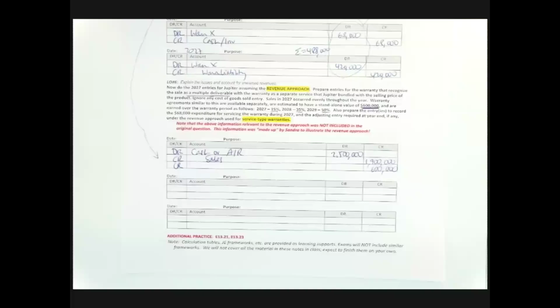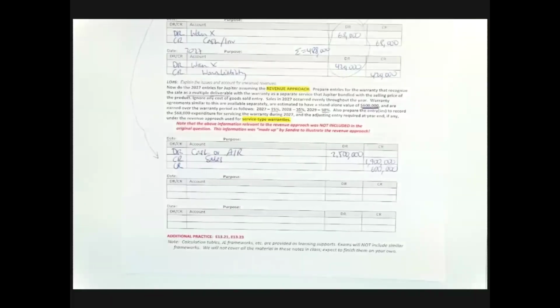Anybody? Warranty revenue? Are you good with warranty revenue? But have we earned the warranty revenue on the day we make the sale? No, no time has passed.